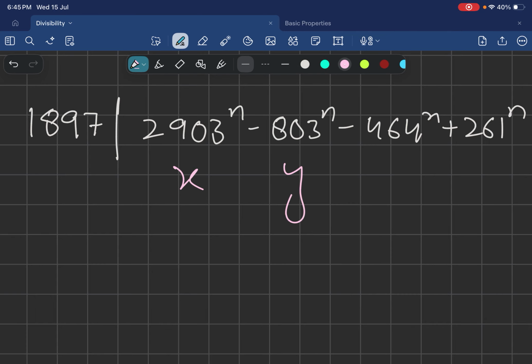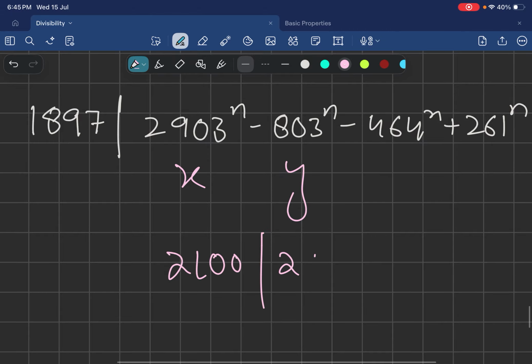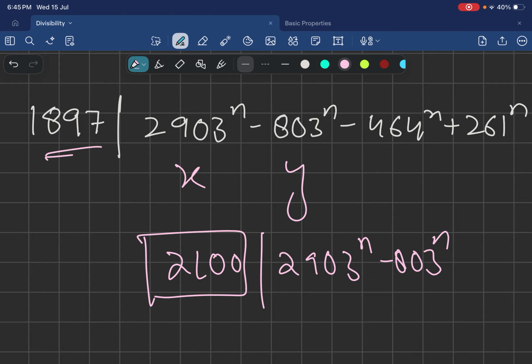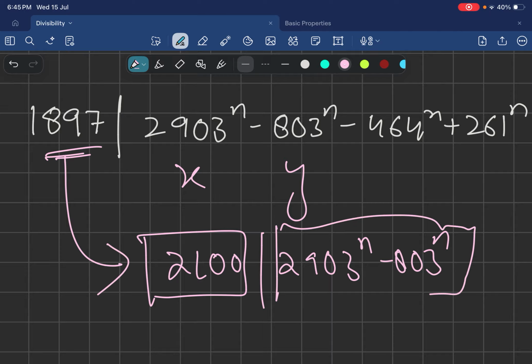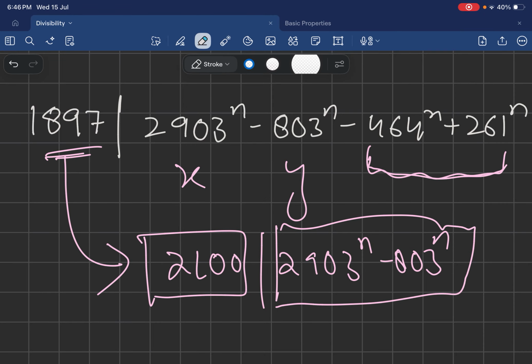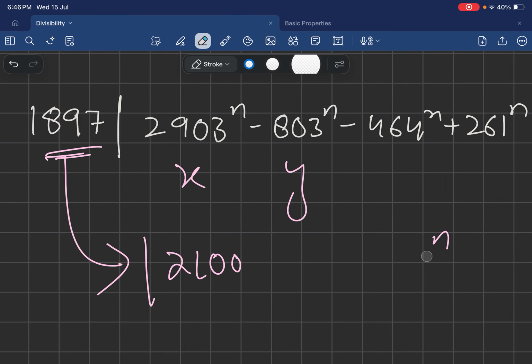If I consider x and y, I get 2903 minus 803, which is 2100. So 2100 divides 2903 to the power n minus 803 to the power n. But that's not what we want. We want 1897 to divide this sum.